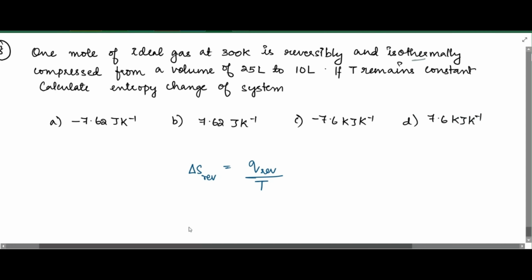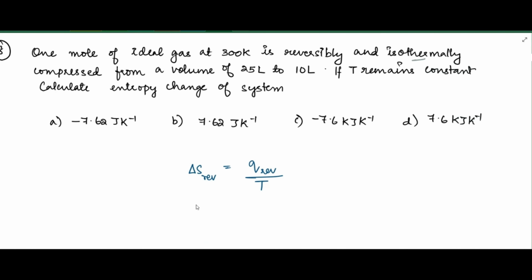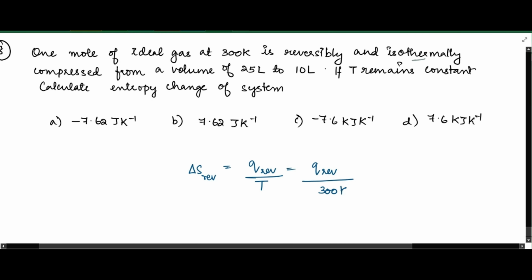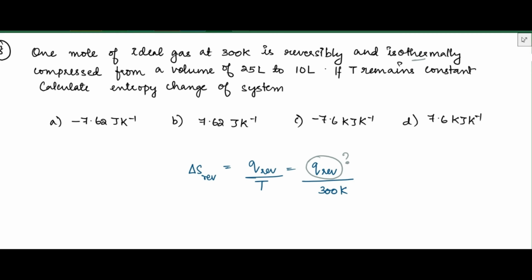Q by T is the basic equation of entropy. Q reversible by T. Here we don't know what Q is, but in the question they have said that the temperature is 300 Kelvin. So we need to find Q reversible. Okay. Now what is given?